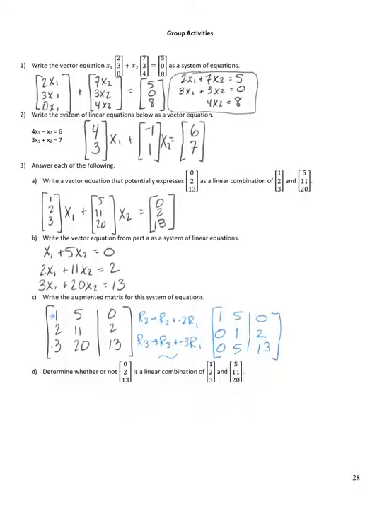My second column, I have a 1 in the pivot position already. I want a 0 underneath it. So my next row replacement is going to be, I need to change row 3 to be itself minus 5 row 2.